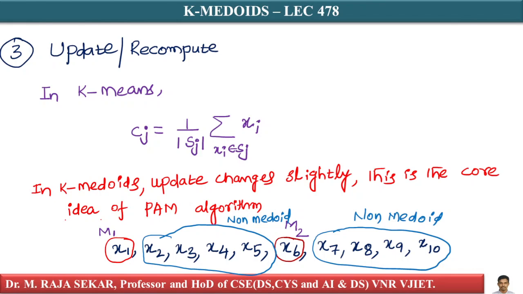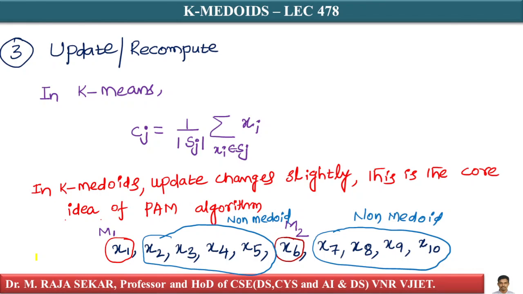Let's assume x1 is your first medoid, x6 is your second medoid. Now, x2, x3, x4, x5 are non-medoid points. Similarly, x7, x8, x9, x10 are non-medoid points. Now make one of these non-medoid points a medoid, and make this medoid point a non-medoid point.